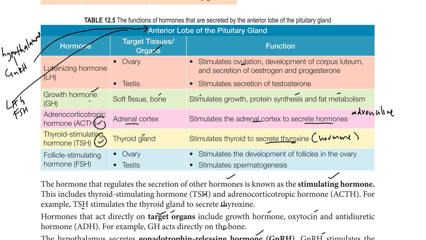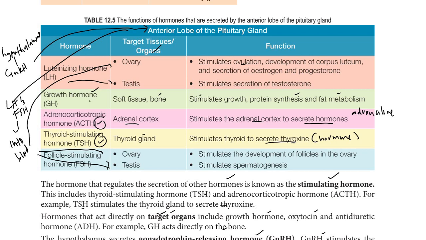When LH and FSH are secreted into the blood, they will travel to the ovary and to the testis. This usually occurs when we reach puberty, so not all the time.